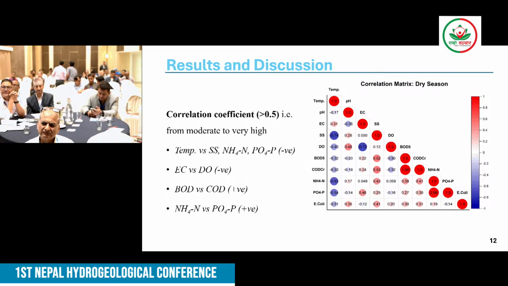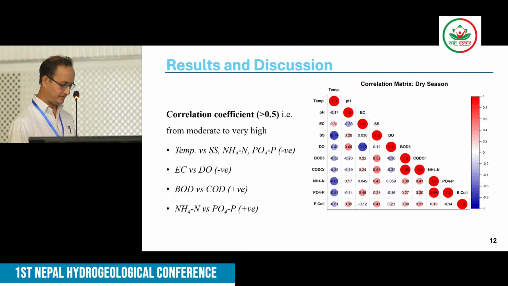So this is the correlation coefficient. You can see here there is a very high negative correlation of temperature with suspended solids, ammonia, and phosphate. And also EC, electrical conductivity, and DO.